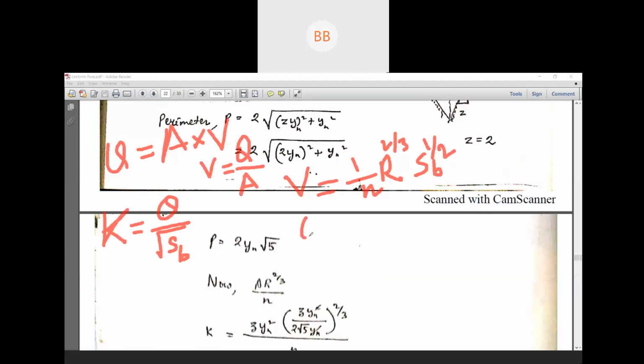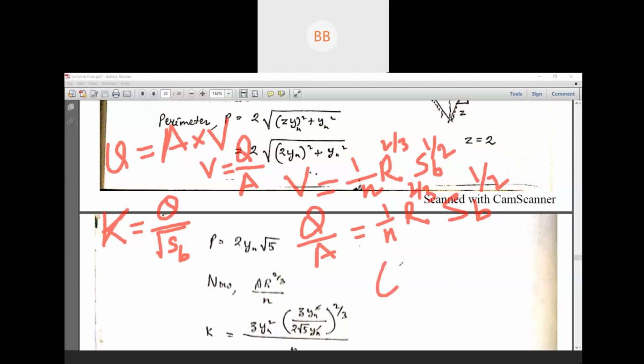So we substitute Q by A equals 1 by n R to the power 2 by 3 S_b to the power half.